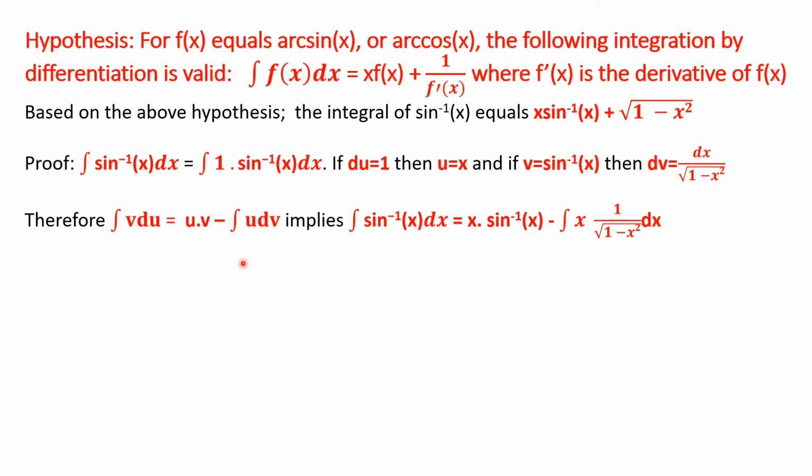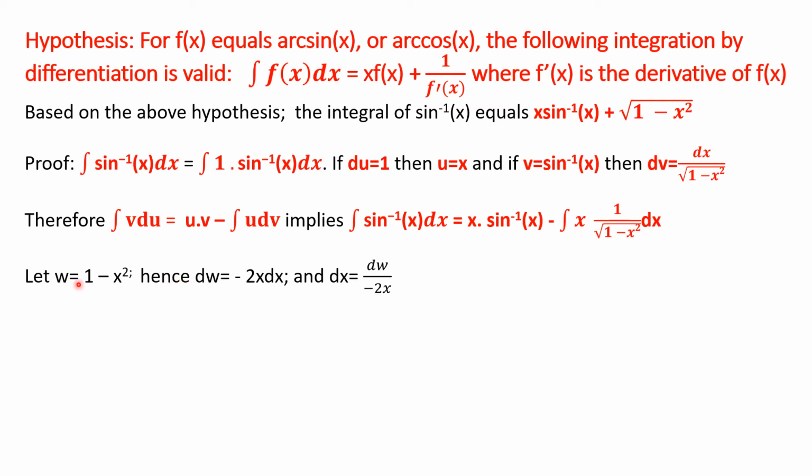That's equal to u dot v. Our u is x, our v is sine inverse of x, minus integration of u, which is x, dv, which is 1 divided by square root of 1 minus x squared. Now we have to find the value of the last term. So we'll go ahead and work on the last term.